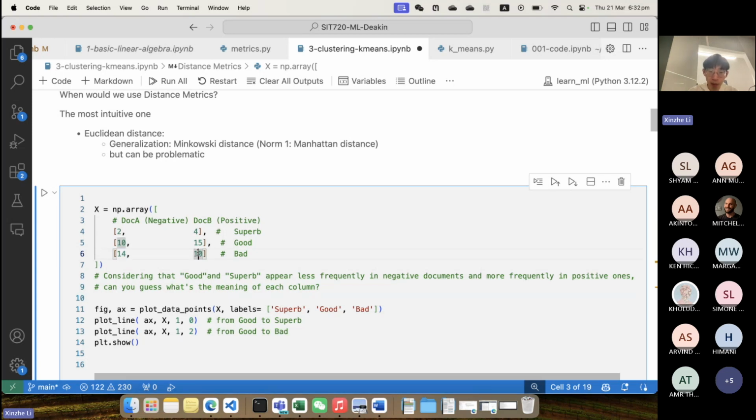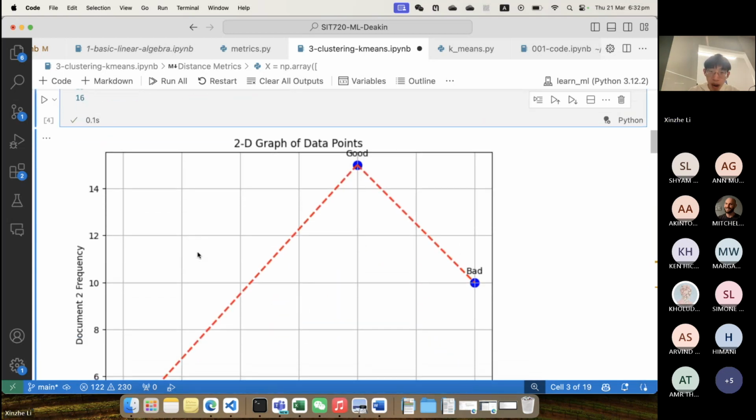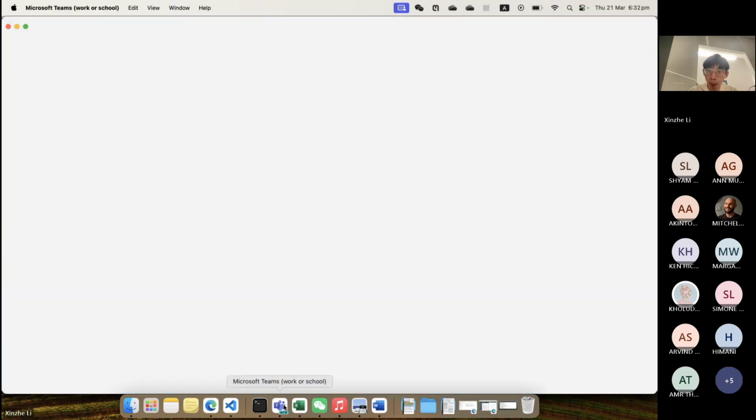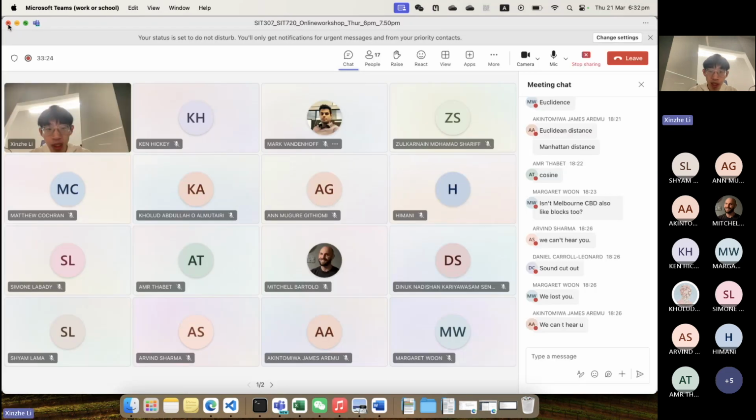So everything makes sense, but why is the Euclidean distance between super and good larger than good and bad? Let me see. No answer. Okay, I will wait for 30 seconds so you can have a think.